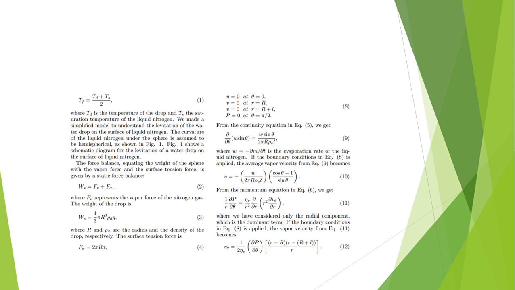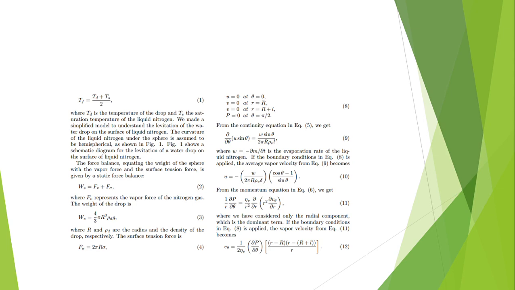From the momentum equation number 6, we get 1/r ∂p/∂θ = ηv/r² multiplied by ∂/∂r of ρv, where we have considered only the radial component, which is the dominant term.